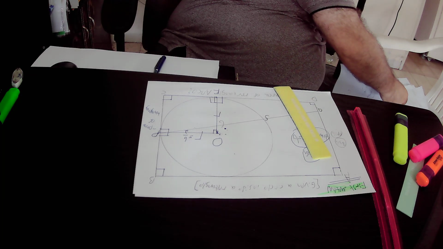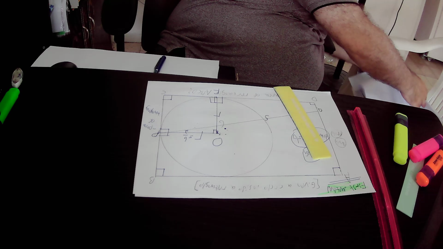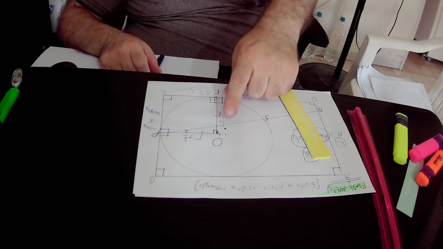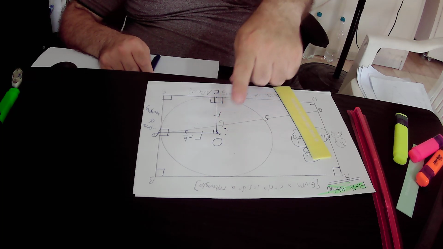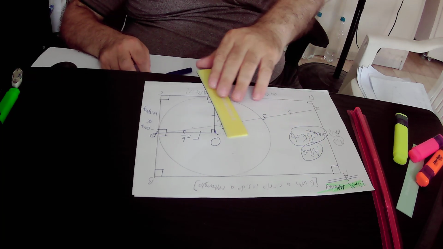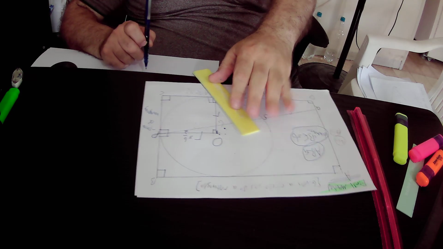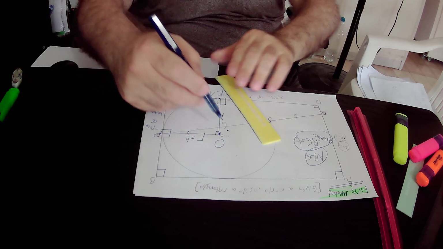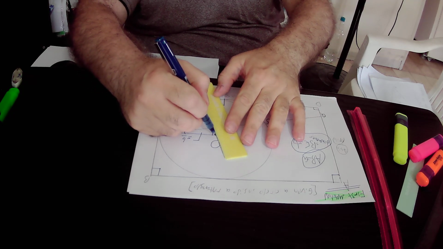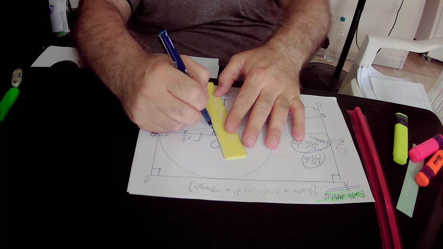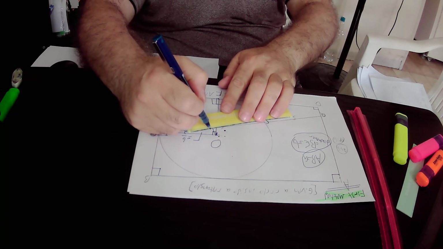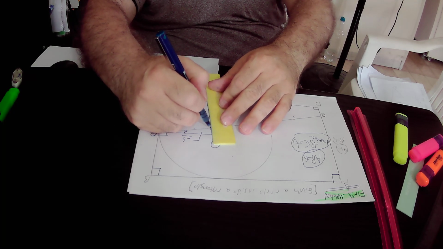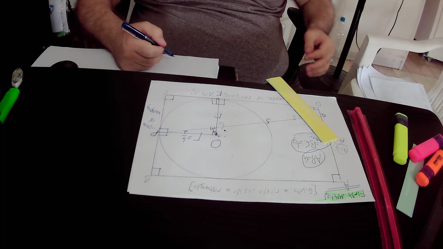Here, from the center of this circle, that is point O, we'll draw a perpendicular on chord SP. So this angle equals 90 degrees, and this angle also equals 90 degrees according to our construction.